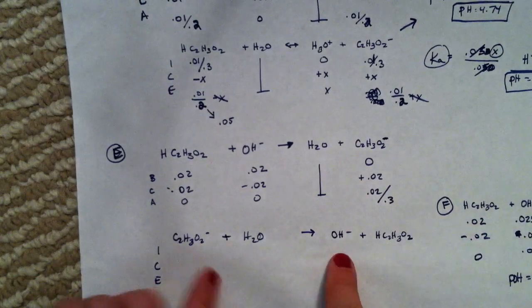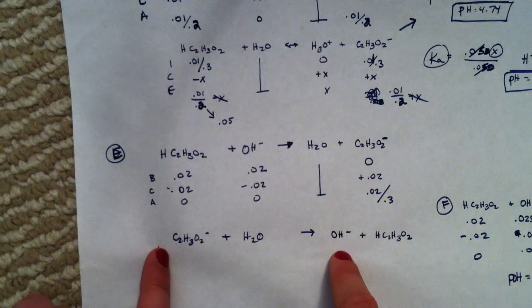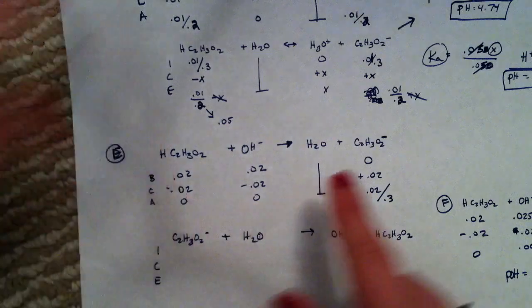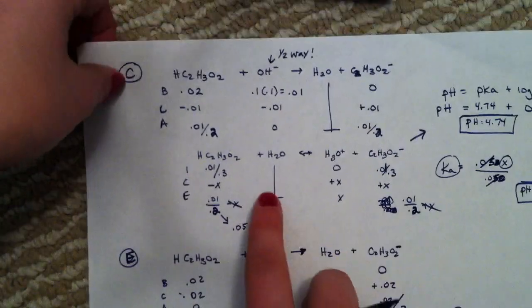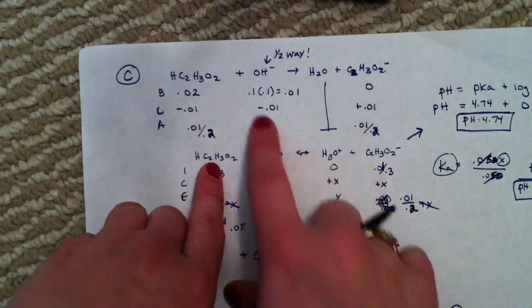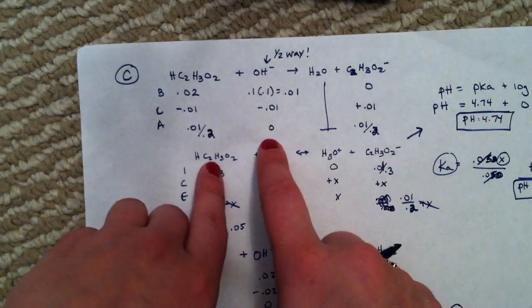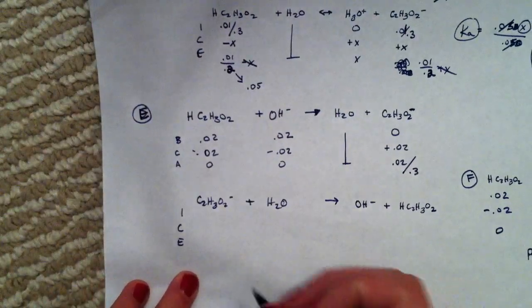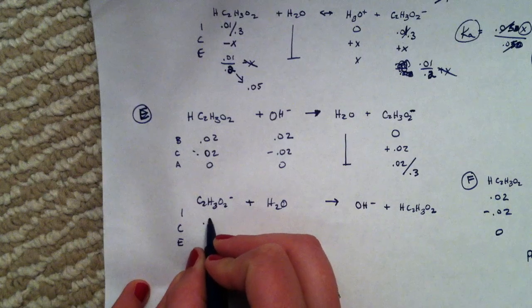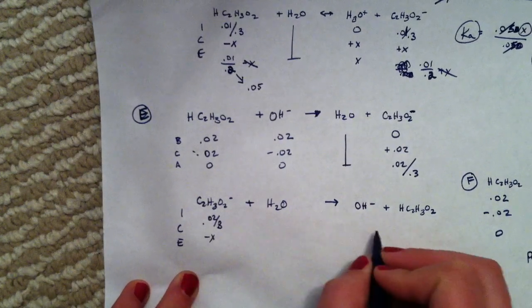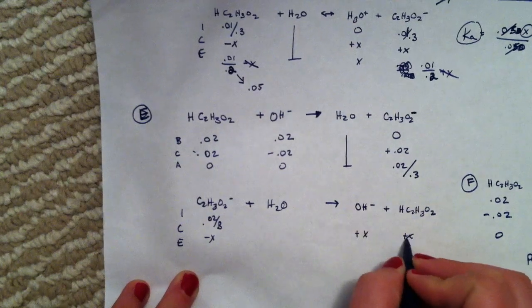That's how I know to write this equation, because all of this stuff is not in the beaker anymore. That's also why I know, just by the way, that this is the ICE equation without the OH minus. All the OH is gone at this point, so we can't include it in the second equation. Okay, so I'm left with this equation. I would have 0.02 divided by 0.3, and lose x and add x over to here and add x over to here.